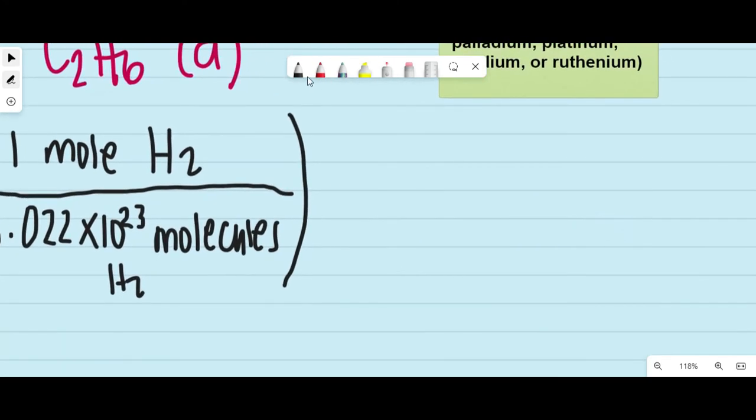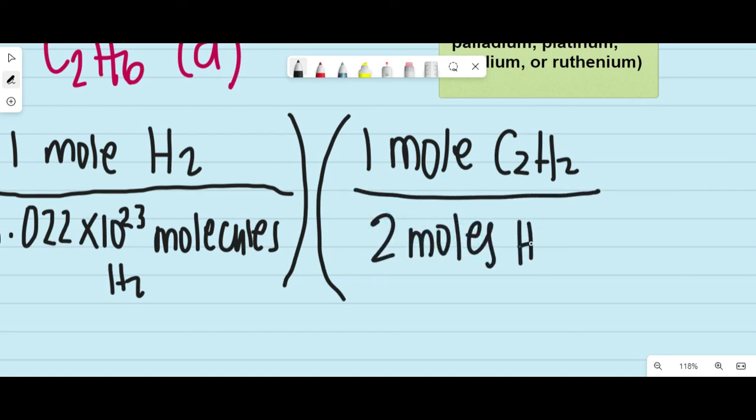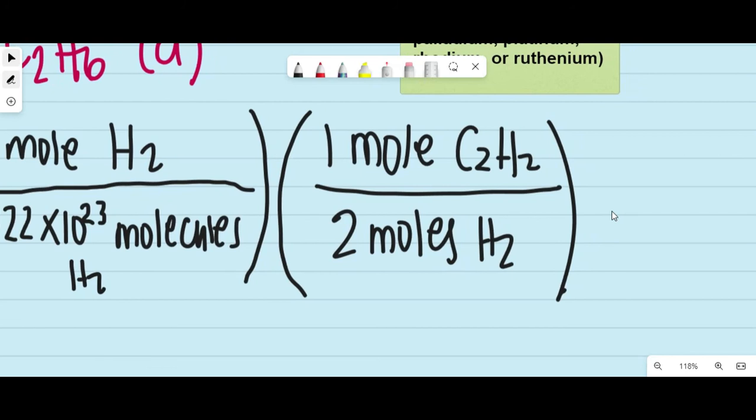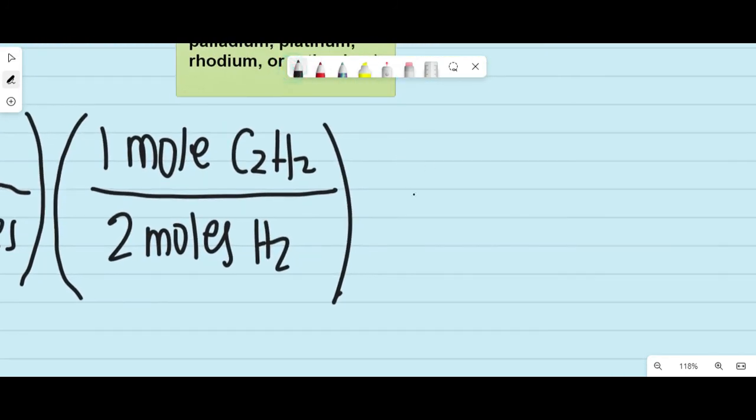So 1 mole of acetylene is equivalent to 2 moles of hydrogen. From this, we already have our answer, but what we lack is consistency in the units.